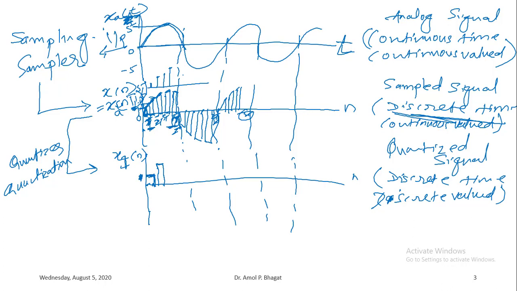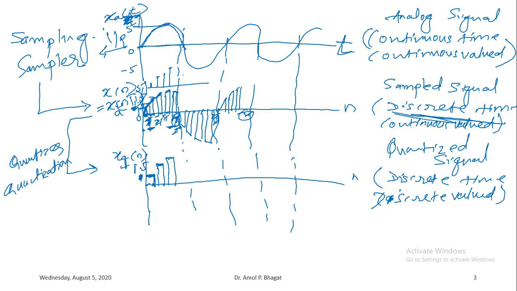The second sample was varying from maybe 1.4 to 1.8, so I will fix it to, just for example, 1.5. Similarly, all these samples now have some fixed value.